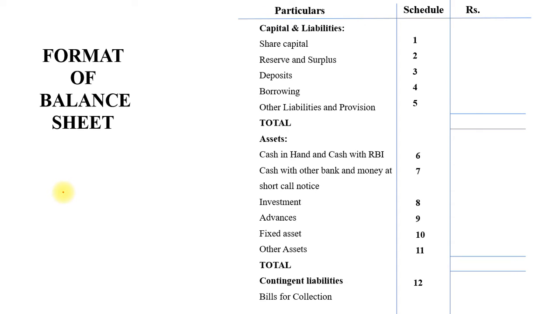Under fixed asset, if the bank has land and building, furniture, machineries. And contingent liability, if the bank has taken someone's security or some mortgage, some bill collection, some security was taken, so that comes under contingent liability. Now based on that, let us see how we will solve the very first sum.